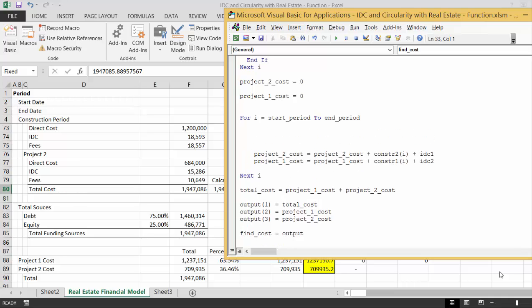Now our problem's going to be magnified. IDC1 is going to be project cost 2. Well, that was kind of stupid.